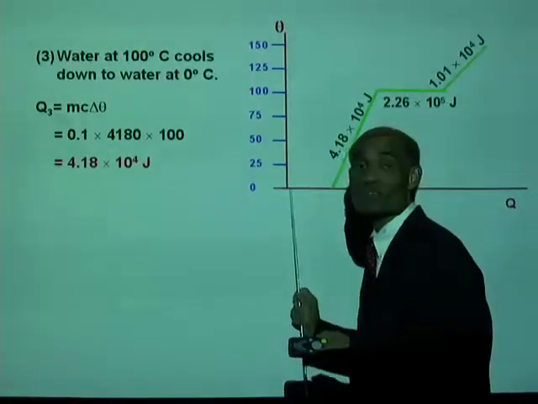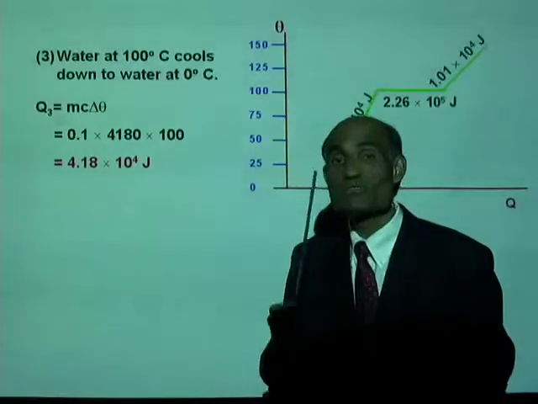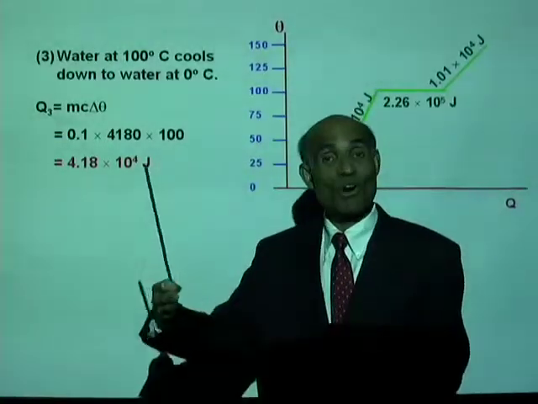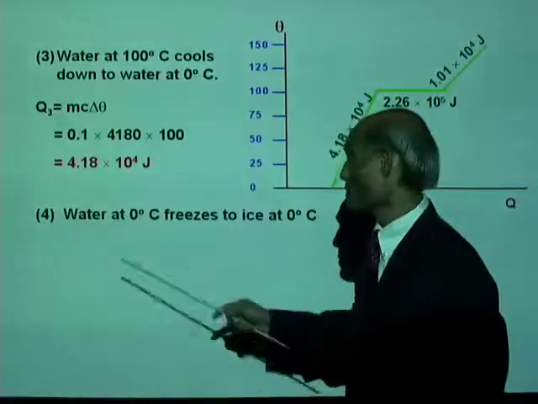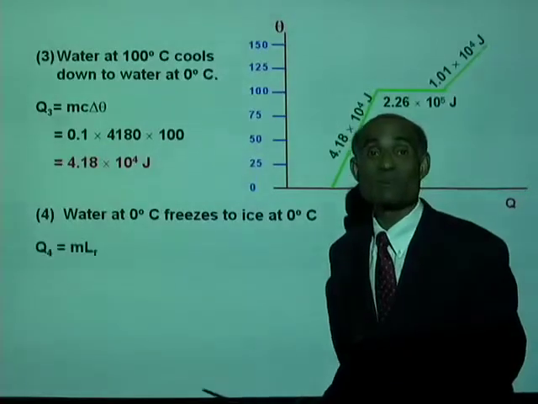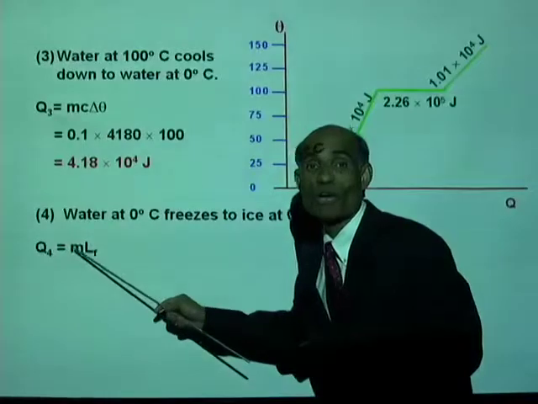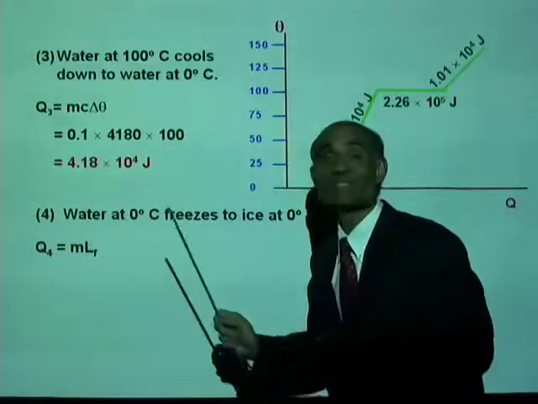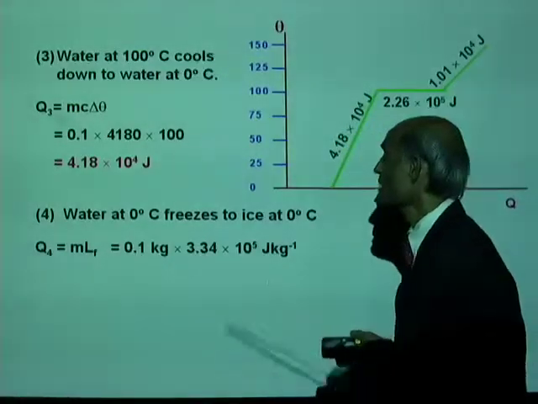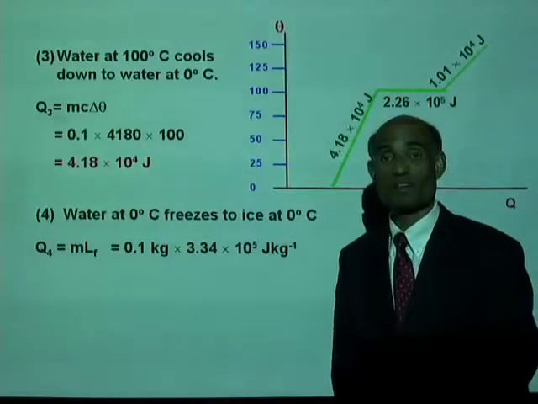No change in temperature. It's a change of state. The amount of heat liberated during that time is mass times latent heat of fusion. So water at 0 degrees freezes to ice at 0 degrees, liberating a quantity of heat Q4, which is mass times latent heat of fusion. That is 0.1 kilogram times 3.34 times 10 to the 5 joules per kilogram.